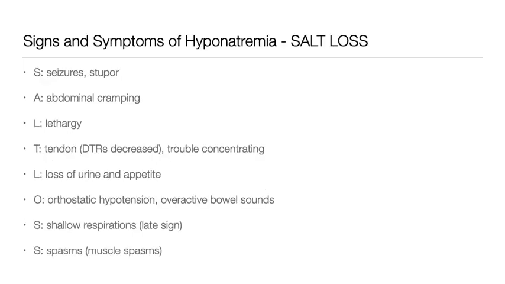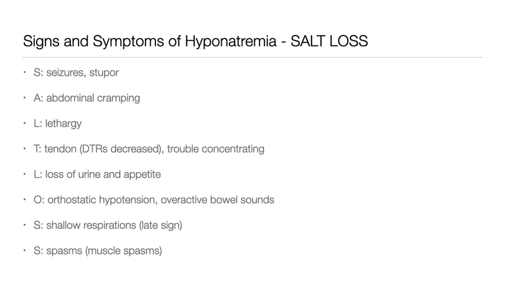Some signs and symptoms of hyponatremia. We're going to remember SALT LOSS because we don't have any salt. Seizures and stupor, abdominal cramping, lethargy, decreased DTRs, deep tendon reflexes, trouble concentrating. We're going to have loss of urine and loss of appetite.